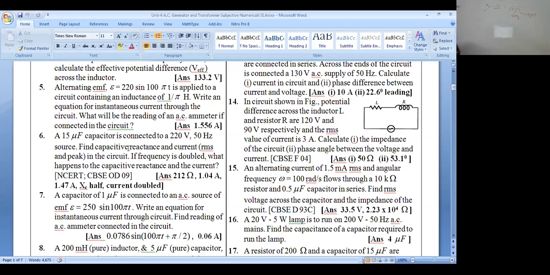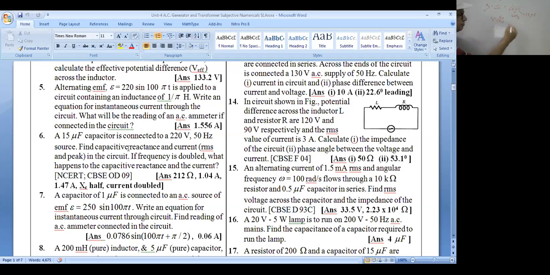And current is given as I equals E by Xc, now not R. Xc you know, E you know. If you are taking the max value, take the max value. If you are taking the RMS value, take the RMS value.